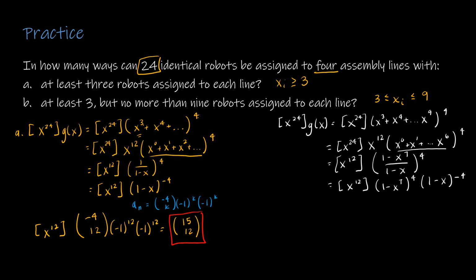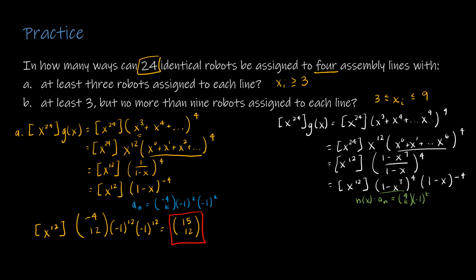So now I'm kind of at the point where I was before when I said, okay, let's do convolution. And again, if it makes the most sense to you, and quite often it does, let's call this first one h of x. And I know that to find my a sub n of that particular function, I'm going to take 4 choose k, -1 to the k.